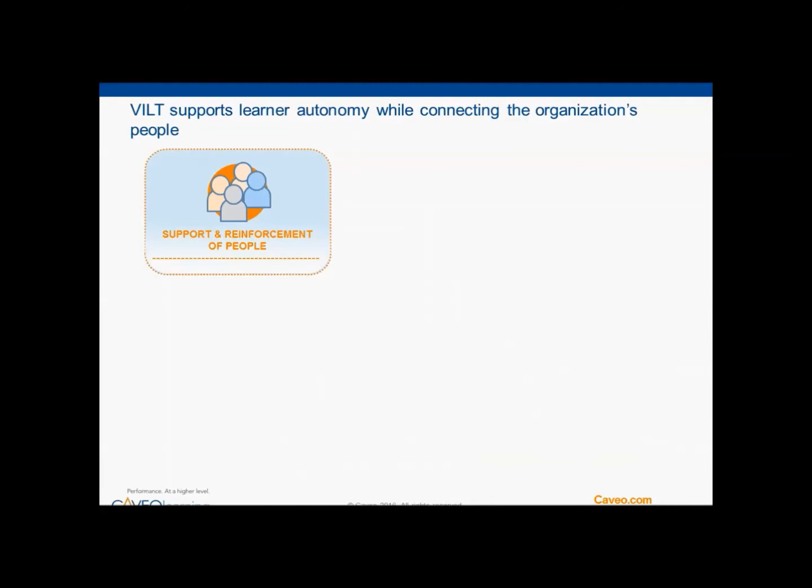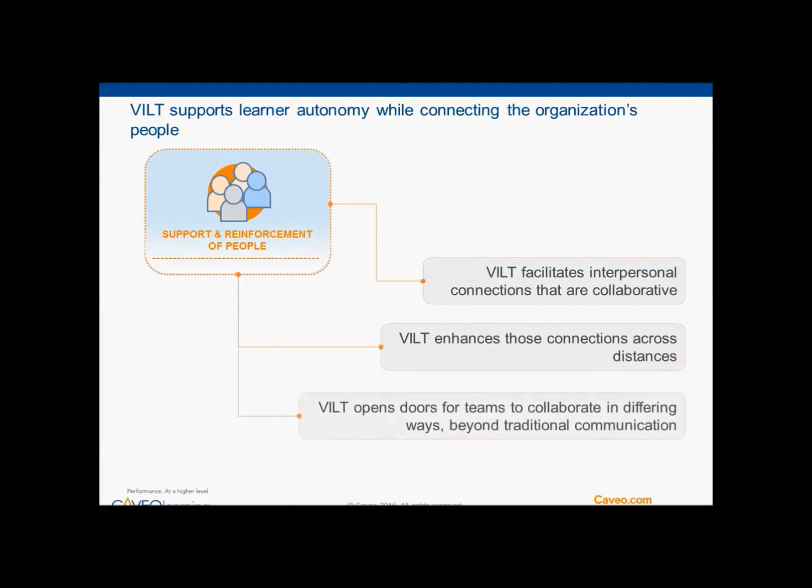So now let's talk about the support and reinforcement of the organization's people and how VILT can do that. VILT definitely provides autonomy for the people in relation to their learning. They have a little bit more control in certain elements, and you can definitely take advantage of that.